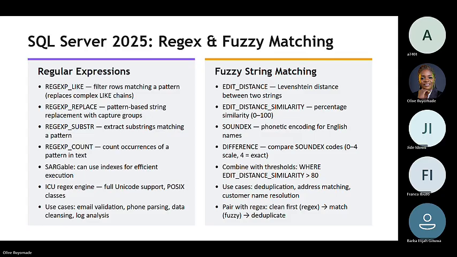But this one, I didn't prepare. There's a sample, though. Combined with a threshold where edit distance similarity is greater than something. But personally, because I'm not using SQL 2025, I'm using SQL 2022, I've not used this before on 2025. I don't even have 2025. So I don't want to try anything on the database I'm already building.